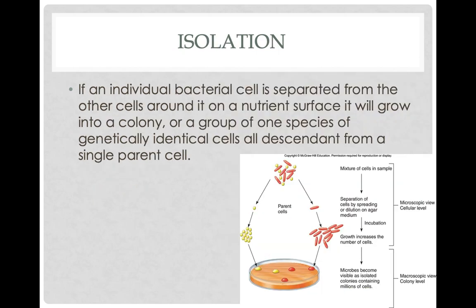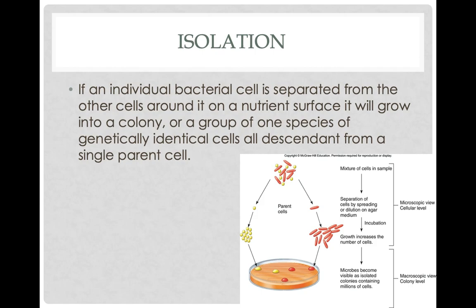So the very first step of microbiology lab, of getting a new patient sample and figuring out what it is, is to isolate away the sample from your patient that actually is the organism that's causing the problem. When you get a sample from your patient, you're not just going to get a swab with just streptococcus growing on it that's causing the strep throat.